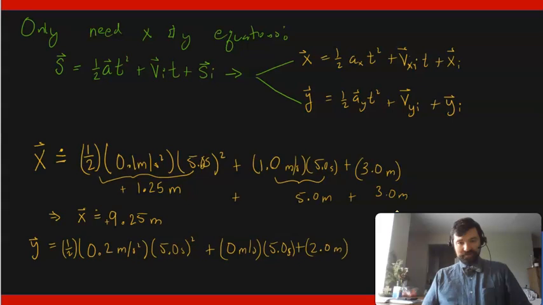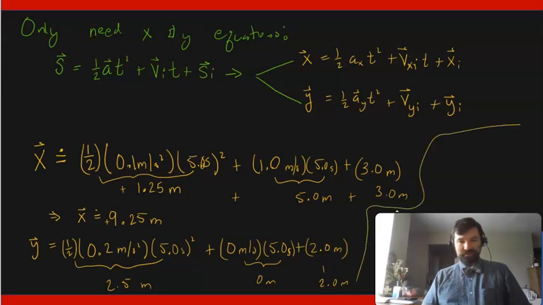This term right here should come out to 2.5 meters. This term is 0 meters, and then this term obviously is just 2.0 meters. And so I'm getting a final y, we can come up here, of 4.5 meters.